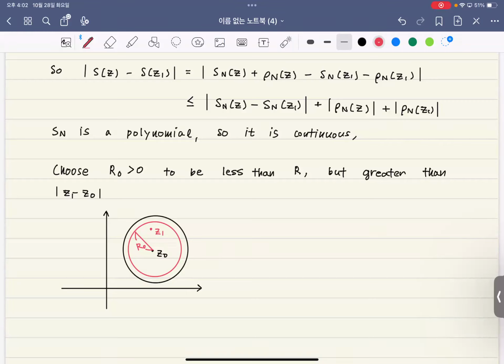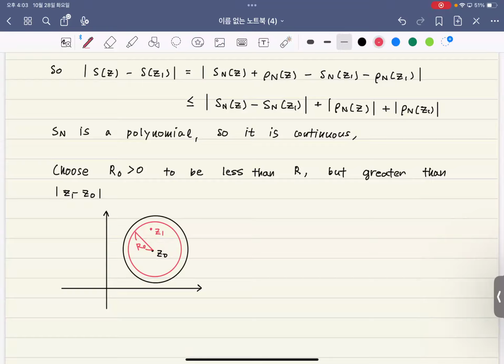In this case, suppose that my z is inside of this red circle here. This red circle, with distance R0 from the center, is clearly less than the radius of convergence. Therefore, every point inside of this circle makes my power series converge absolutely, right?